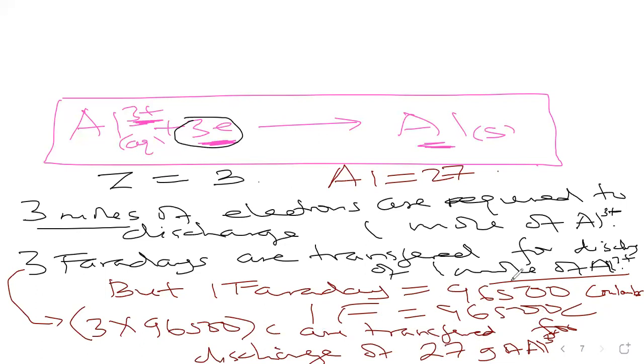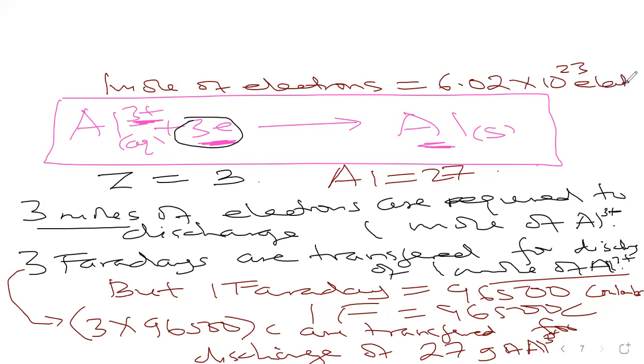The other thing I want us to note is that 1 mole of electrons is equal to Avogadro's number, 6.02 times 10 power 23 electrons. That's what we call 1 mole.